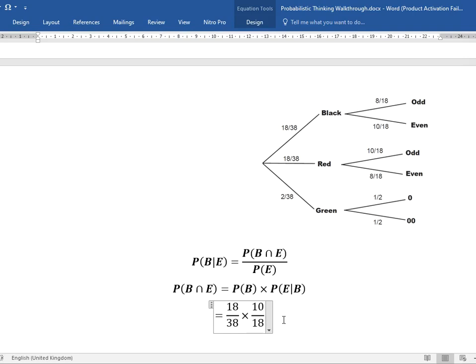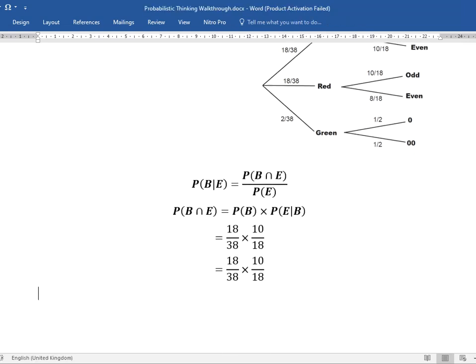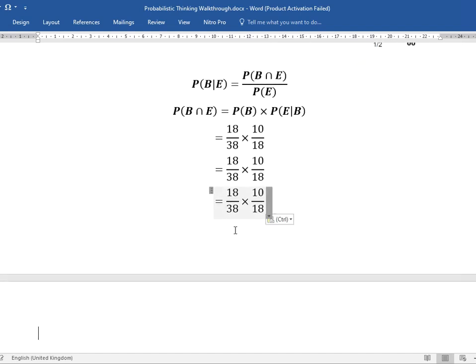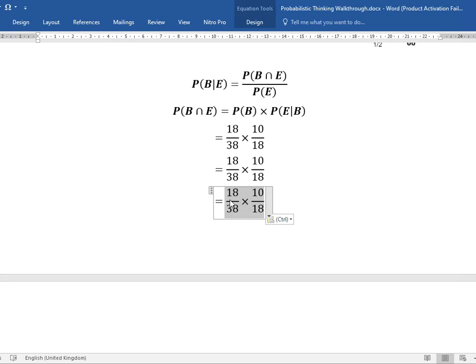If you look at this, simply what it gives you is, 18 cancels 18, and so you're going to be left with 10/38, which actually agrees with our earlier results, because we previously calculated B intersect even.